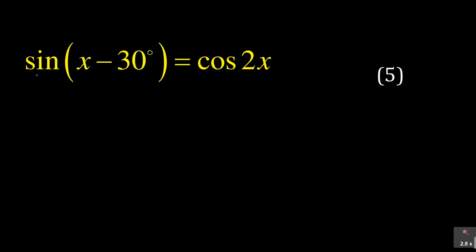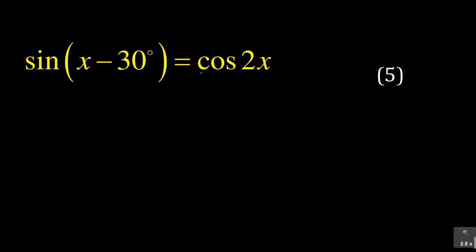When you're given sine and cos, what you need to know is either you work with tan, where you are given the same angle. If you are given the same angle, you're going to use tan, but now we are not given the same angle, because here it's x − 30, here it's 2x, so converting sine and cos to tan won't work.